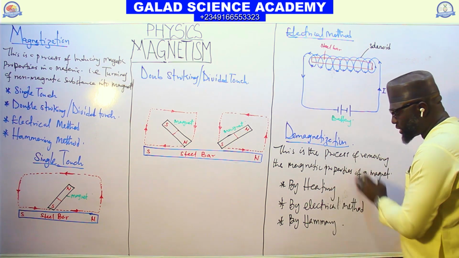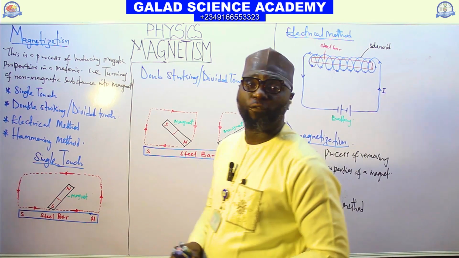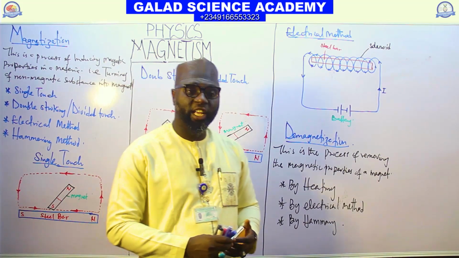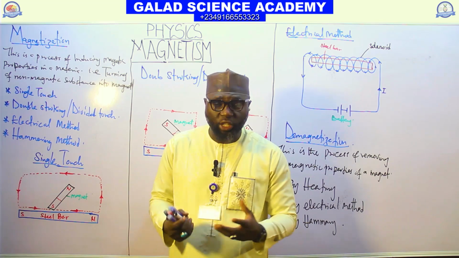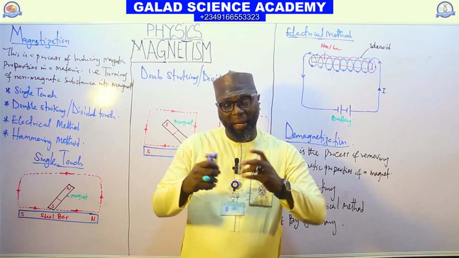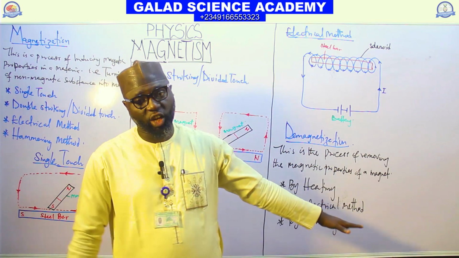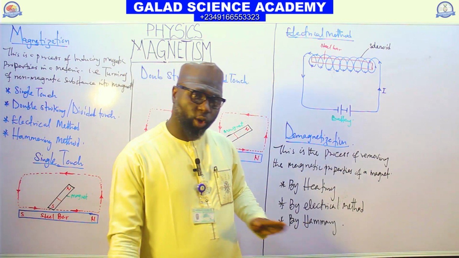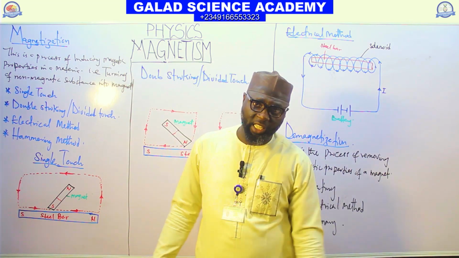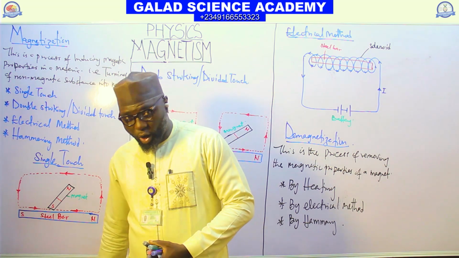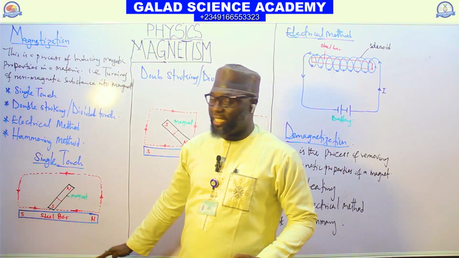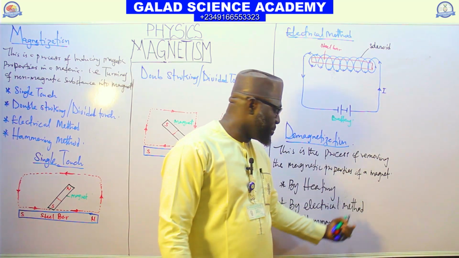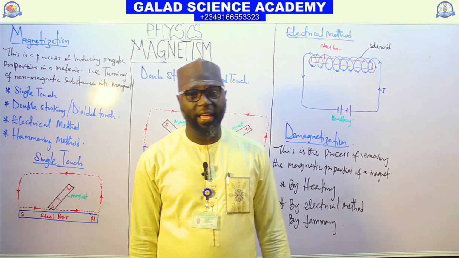So these are the three methods of demagnetization. The process of removing magnetic property from a material, called demagnetization, can be achieved by the electrical method, by hammering, and by heating. So that's all about the process of making magnets and the process of removing magnetism from a magnetic material.